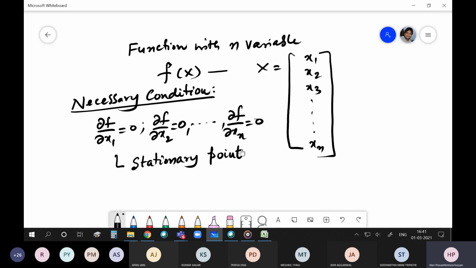What about Dhruv Singh Rawat? No. Only Apan Jain is responding. Tripathi, how is Varanasi? Sir, same.